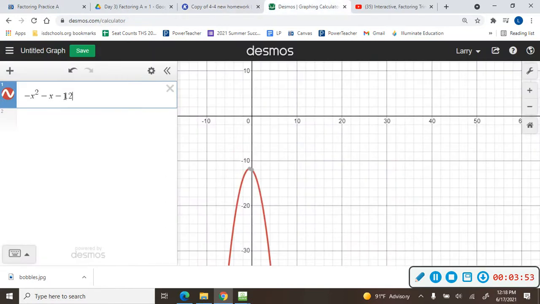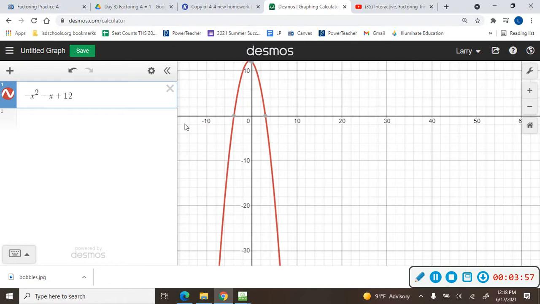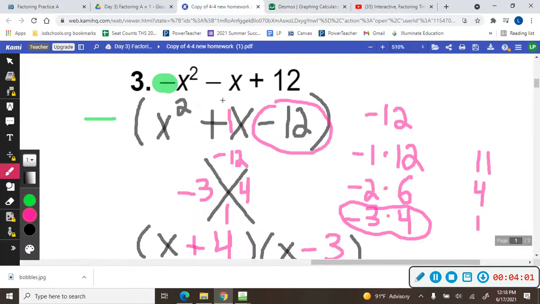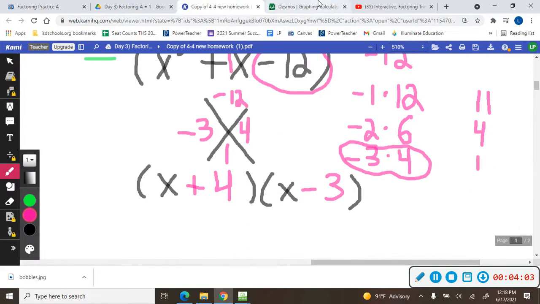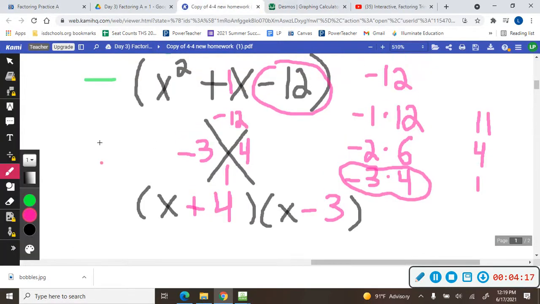And it's actually plus 12. Alright, so that's what that looks like. And I think the answer is x plus 4, x minus 3. And I see them, and they're almost the same. They're just flipped over.